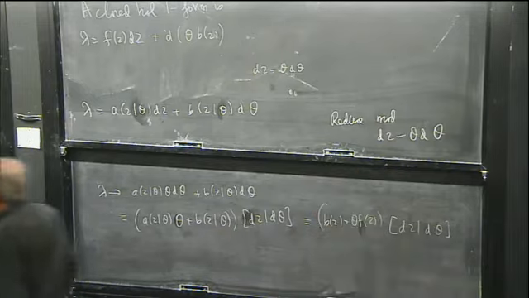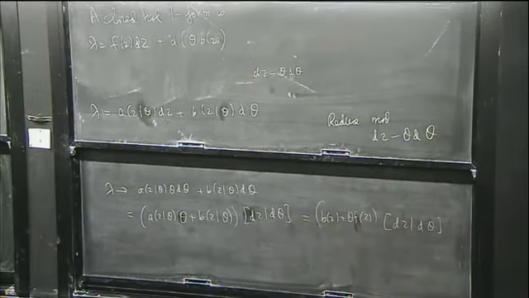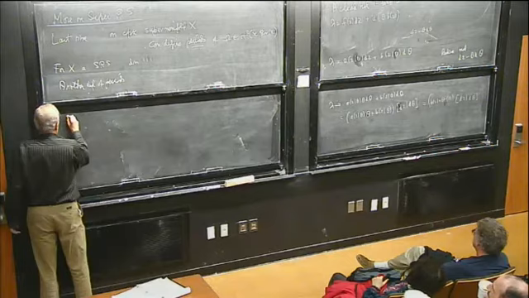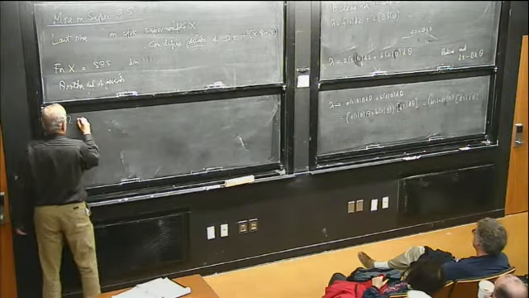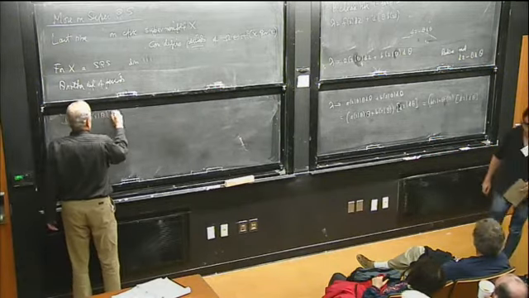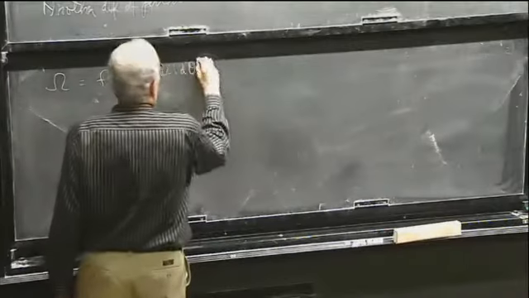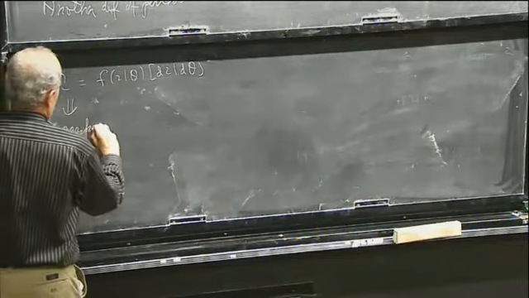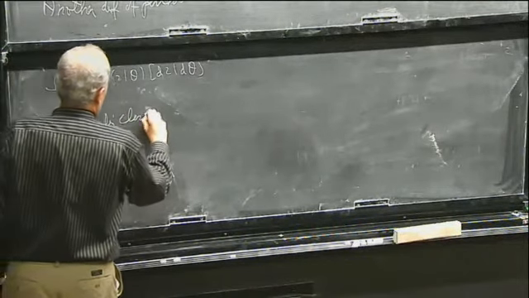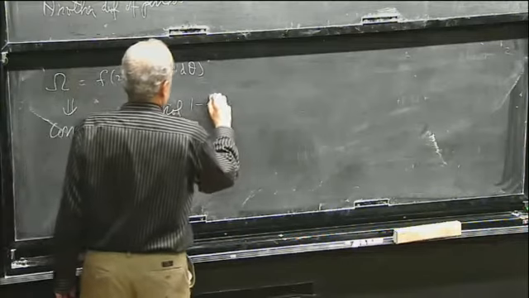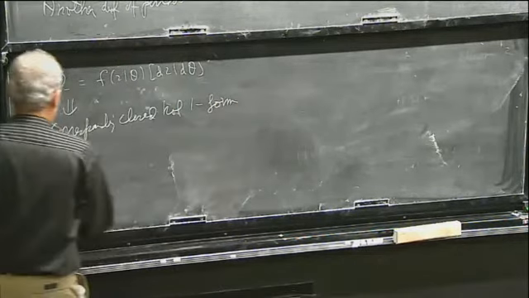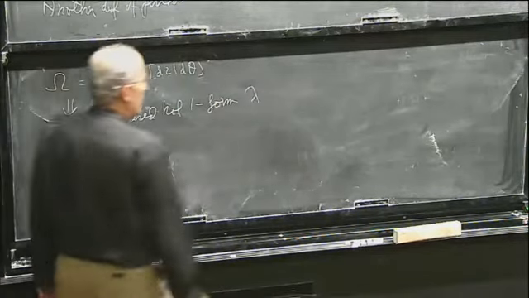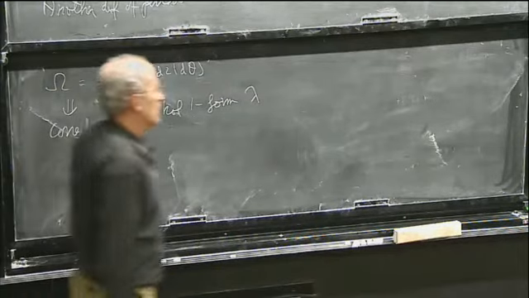So that tells us we could calculate periods in a more naive way. If we're given our section of the Berezinian, which locally looks like this, there's a corresponding closed holomorphic one form, lambda. And now we would compute its periods in a slightly more naive fashion.